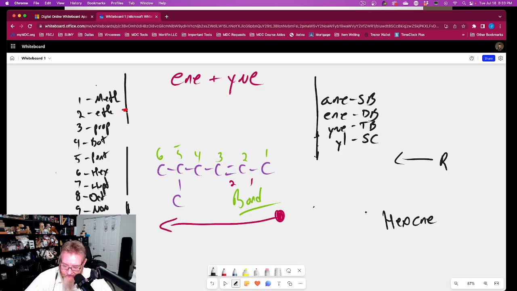And we've already identified this is on the second bond. Period. Done. Good. We have a side chain, methyl, which is on number 5. So in this chemical instance, we are looking at 5-methyl-2-hexene.